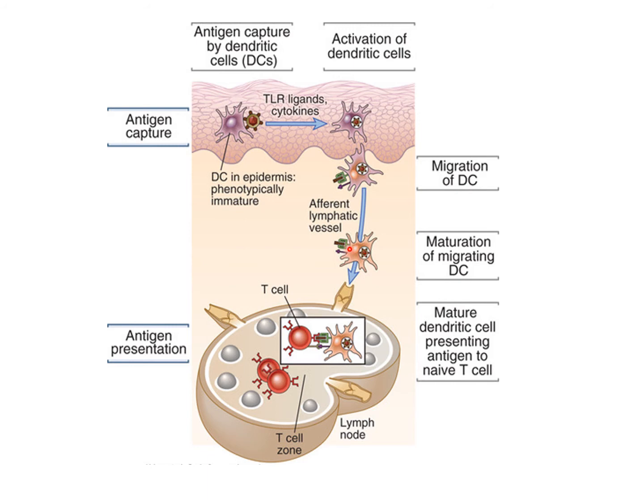And then it's going to display the foreign antigen on the MHC class 2. So the mature dendritic cell presents antigen to the naive T cell, and then successful antigen presentation and recognition by the CD4 cell occurs.